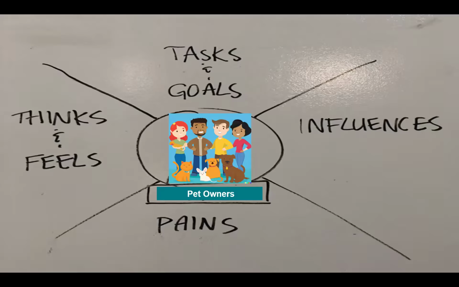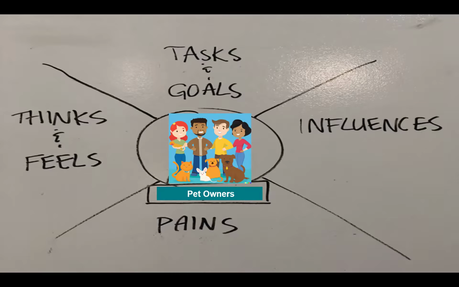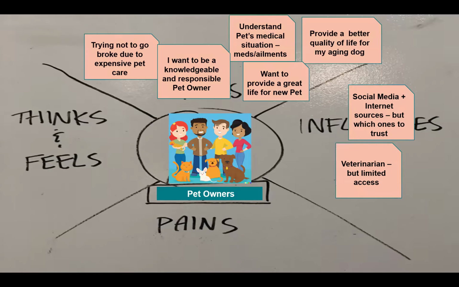So we did a bunch of pet owner interviews with new pet owners, experienced pet owners, multiple pet owners, etc. And this tool, by the way, has four categories of information: influences, tasks and goals, thinks and feels, and pains. Here are the influences: social media and internet sources, but which ones can they trust? And veterinarians, but with limited access.